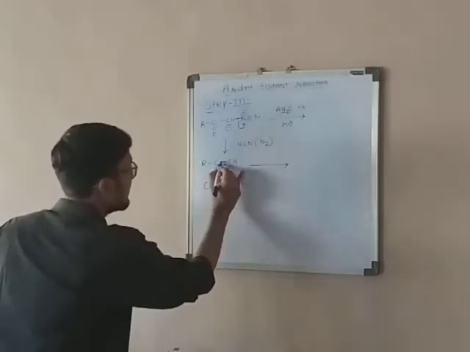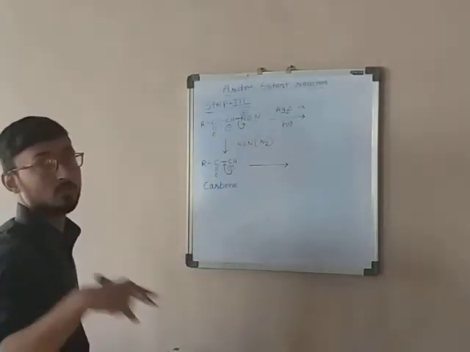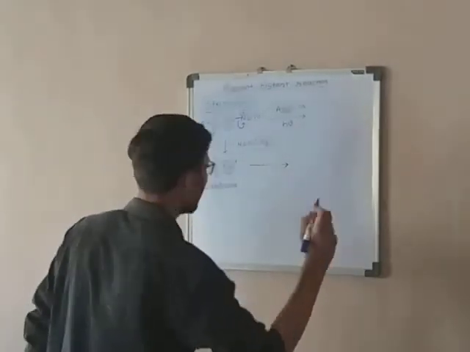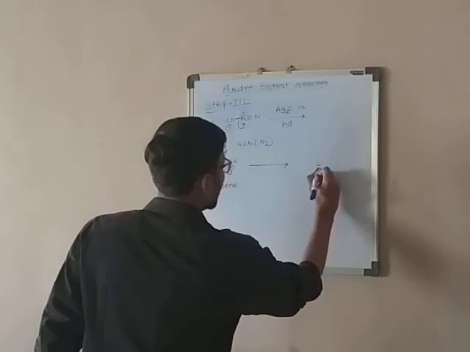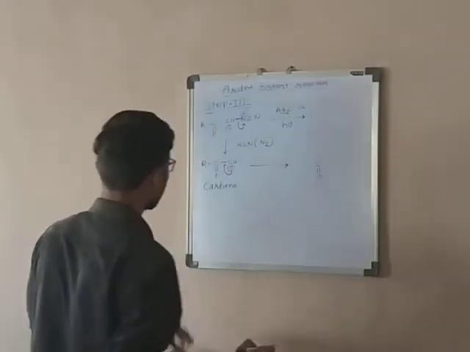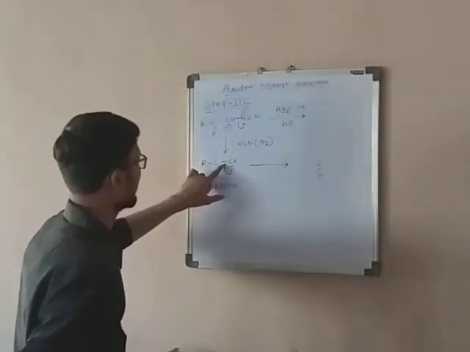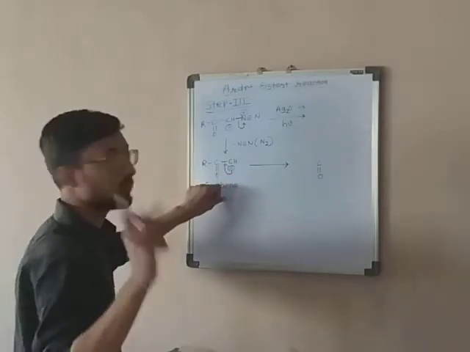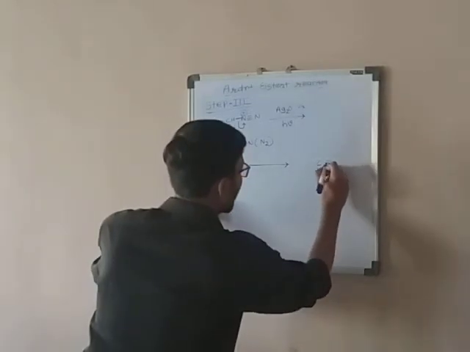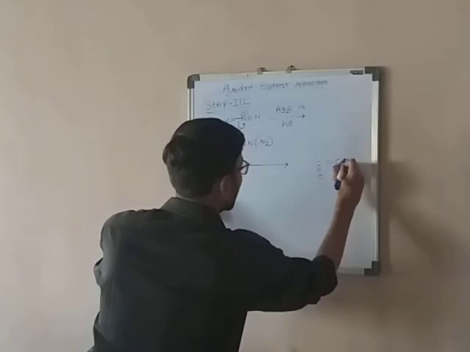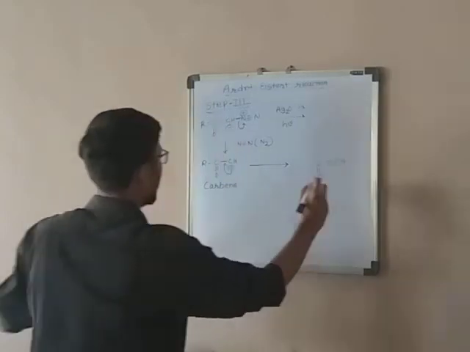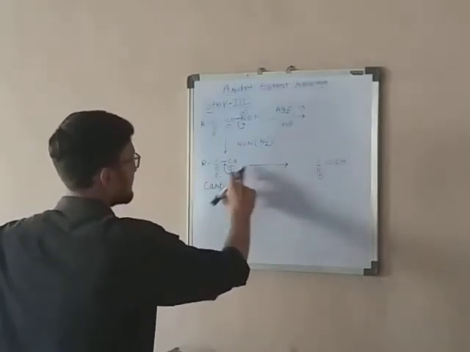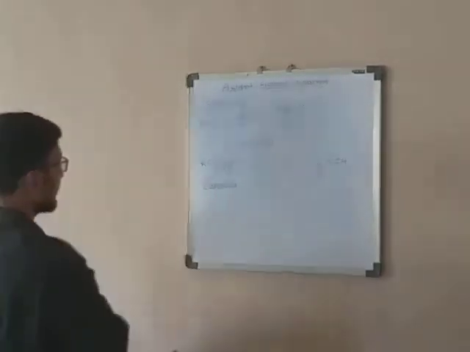So this single bond will now be converted into a double bond. This structure will remain the same as here. We can write this as this: the negative charge has now become a double bond, a pi bond.